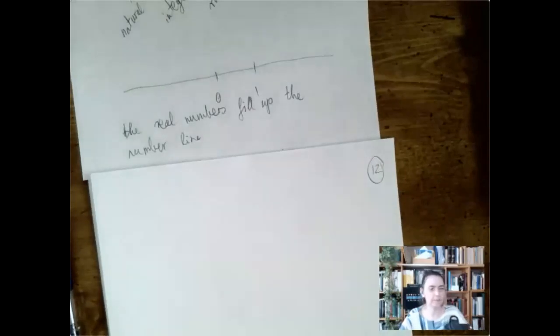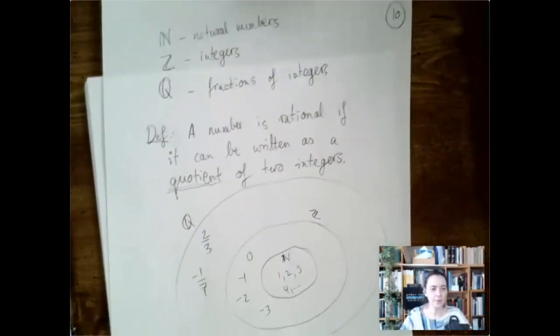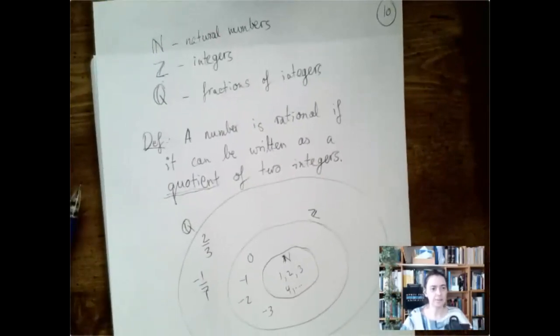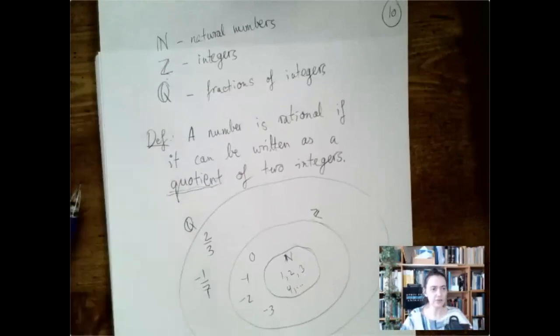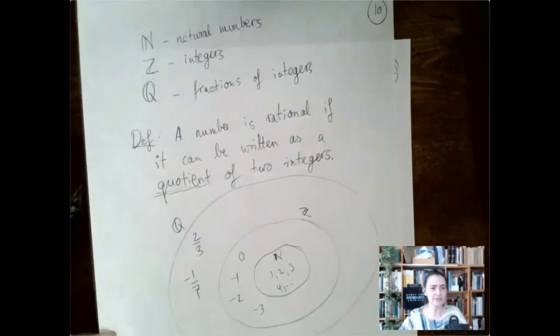Okay, so a number is irrational if it is not rational. That means you take down this definition, but you just have to strategically place the word not in there. So a number is irrational if it cannot be written as a quotient of two integers. And together, the rationals and the irrationals fill up the number line.